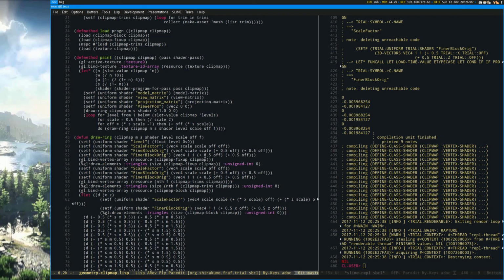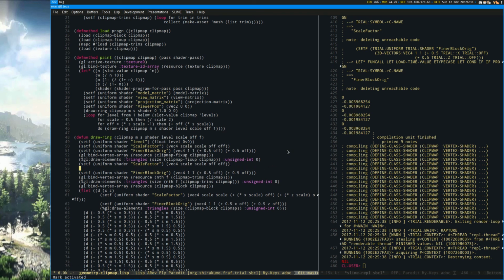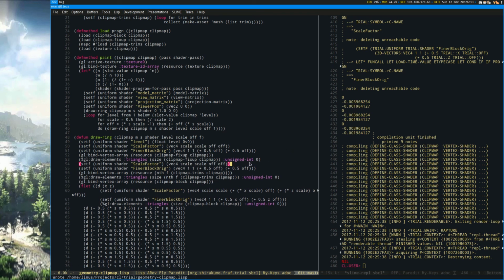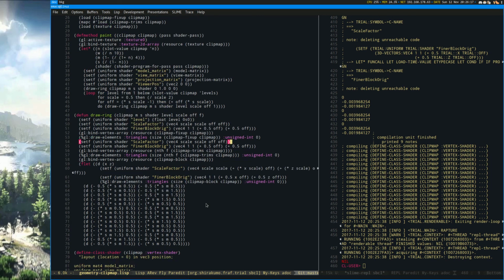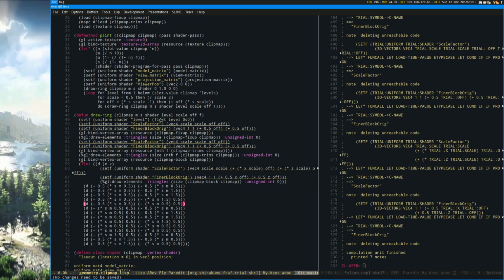Yes, I can remove that for now. Deleting unreachable code. Oh yeah, because of the uniform inlining.